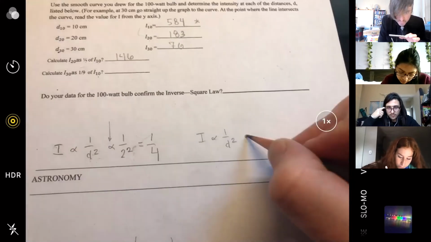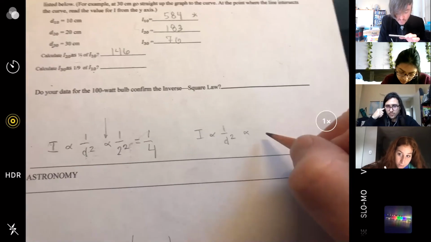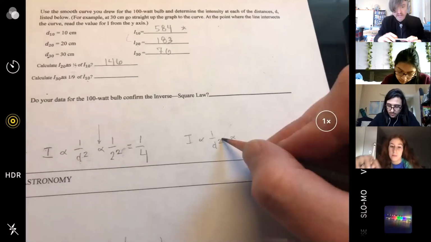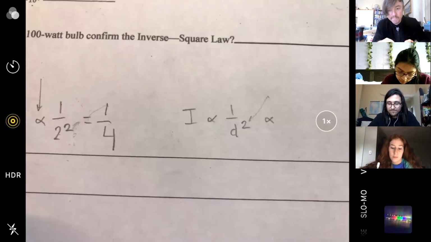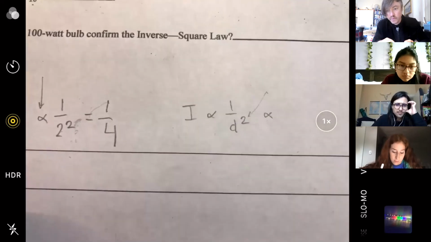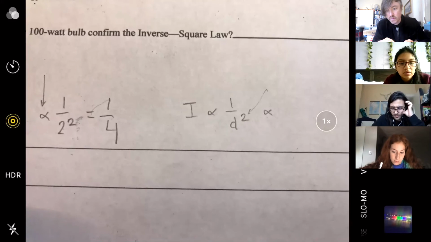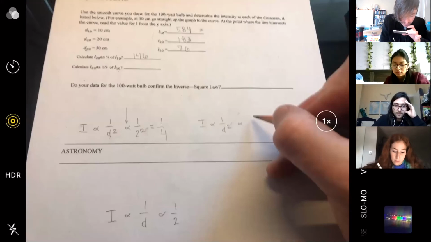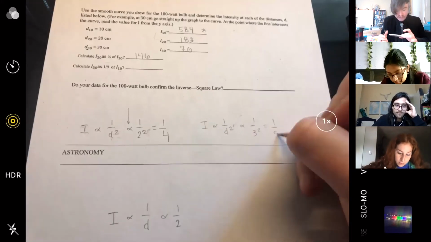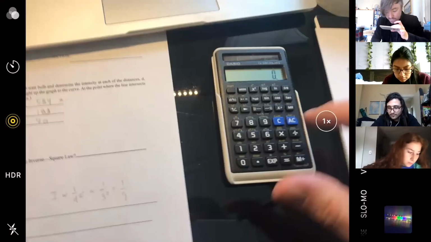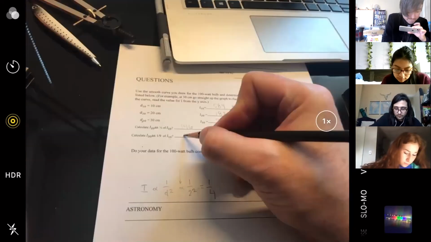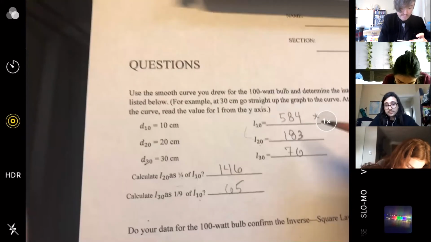Divided by 3, so it's going to be 584 divided by 3? Nope. No. False. Once again, Mateus, this lab is about the square. Is it divided by 9? That's right, because 1/3 squared, we should have the intensity drop by a factor of 9. If it was 584, we would expect to see 65. What did we get? 76.